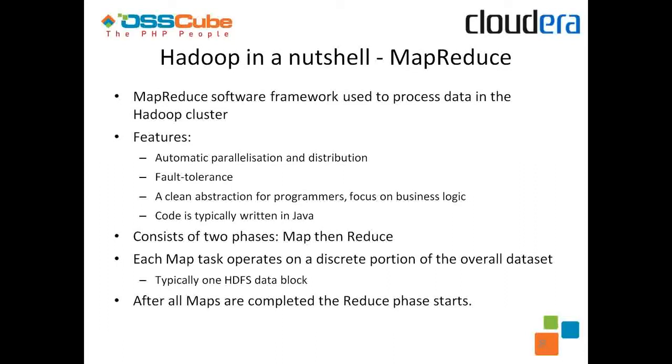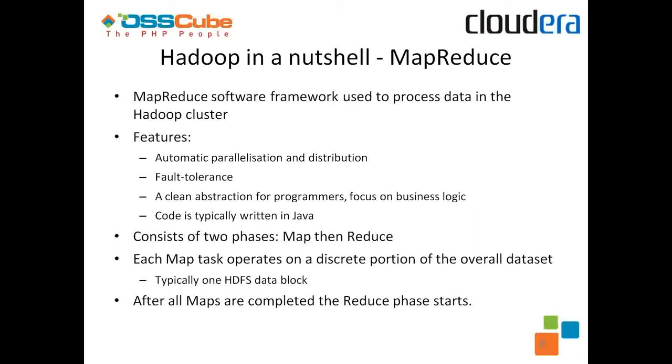Each map will work on a separate block. Remember when I said the whole file, say a 1 gigabyte file, may be split up into 10 blocks. Each map task will process a single block, and each map task can run on a different computer because these blocks are distributed across your cluster.